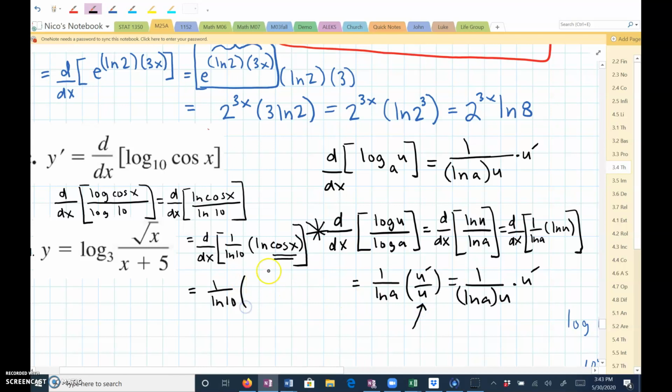So the derivative of cosine of x is negative sine of x, and u is cosine of x. So this would end up being, the numerator is going to be negative 1, the natural log of 10, and then sine of x over cosine x is tangent of x. That would be the answer for that one.